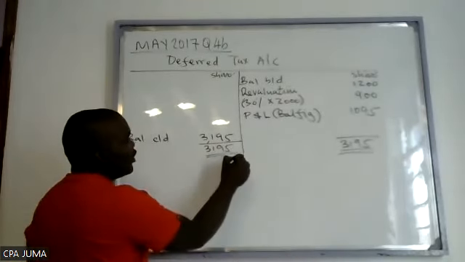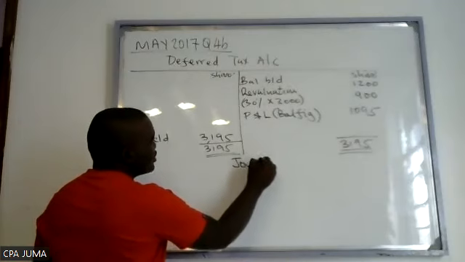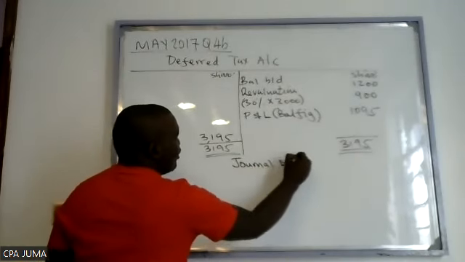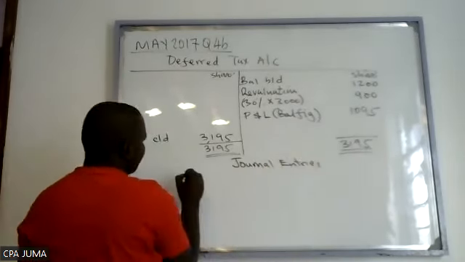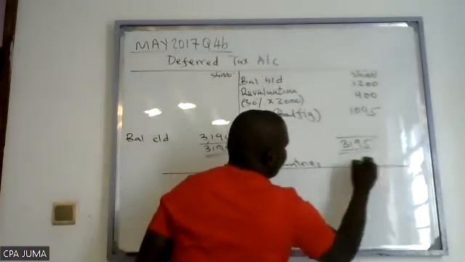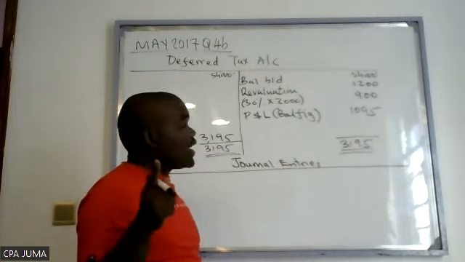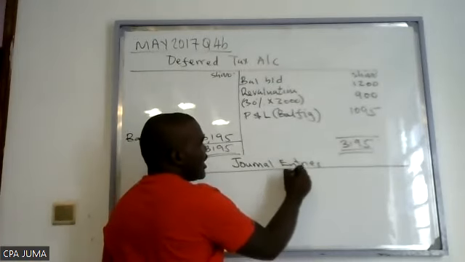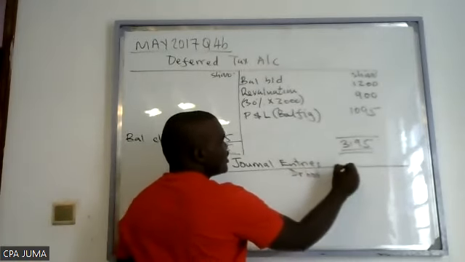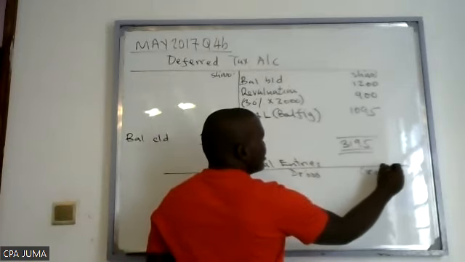So, journal entries. If you are asked anything in this world about journal entries in accounting, you are simply being asked which accounts to debit and which accounts to credit.